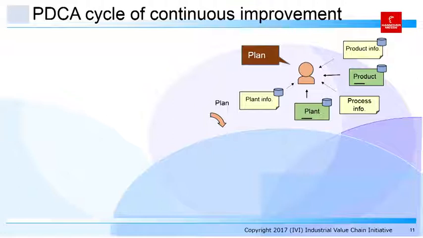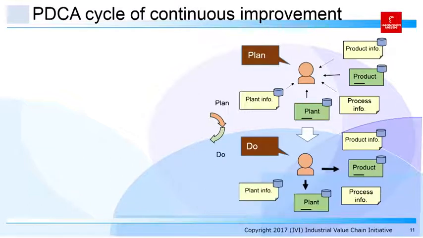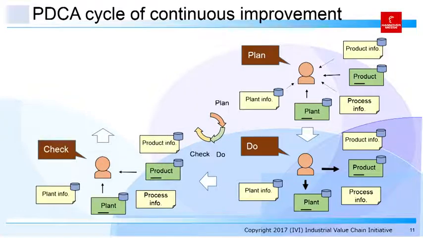So here you can see the plan. Think about what have to do for the production, and do means doing something in the floor to make a product. And after that, they have to check how much it is valuable or not.